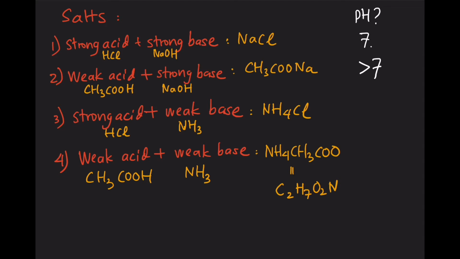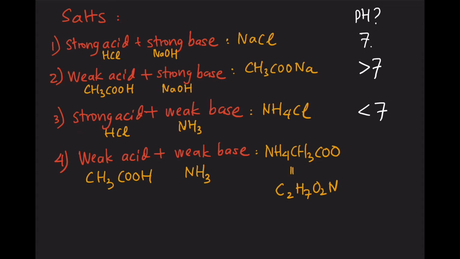Third one would be salts like NH4Cl, or ammonium chloride. This is a salt that comes from a reaction between a strong acid like HCl and a weak base like ammonia or NH3. And in this case, the pH of such solutions will be lower than 7. So the first will be a basic salt, and this will be an acidic salt.